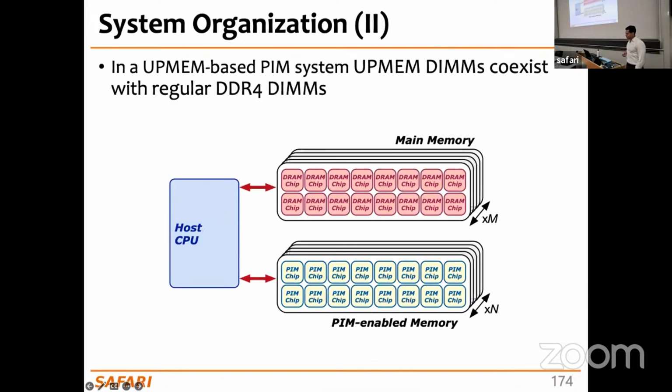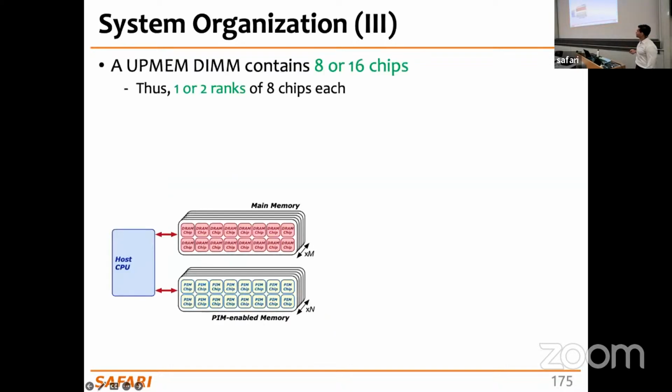As I mentioned, the UPMEM-based PIM system is organized in a DIMM form factor, so it fits in the regular DIMM slot of your motherboard. It does not require something fancy like silicon interposers, like the HBM-based chips that we are going to see later, and it sits alongside the main memory of your system.